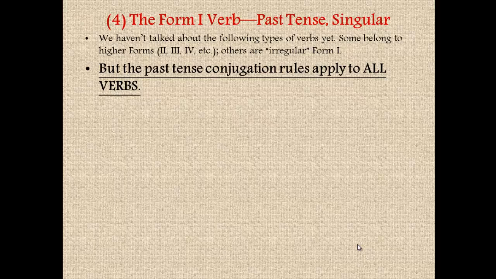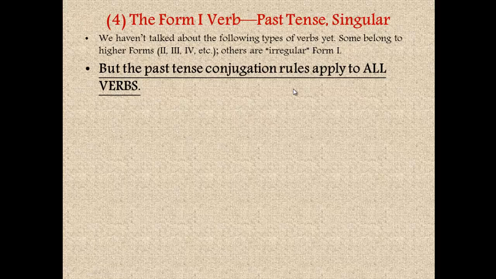Now, we haven't talked about the following types of verbs yet, which will appear in just a second. Some belong to higher forms, such as form 2, 3, and 4, etc. And others are irregular form 1 verbs. We will talk about these again in much more detail in the future. But the past tense conjugation rules that we talked about in this lesson apply to all verbs.